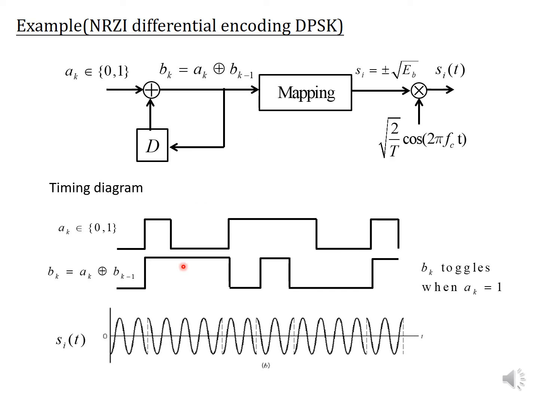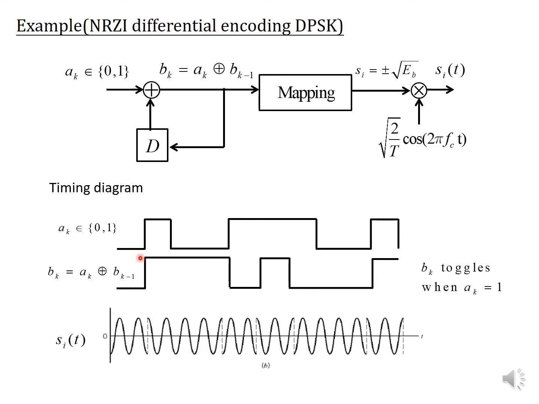The output of the transmitter, the transmit waveform, is SIT. Over the carrier we have this SIT, and SIT would have a phase change. The waveform BK represents the baseband waveform, and SIT represents the passband waveform.